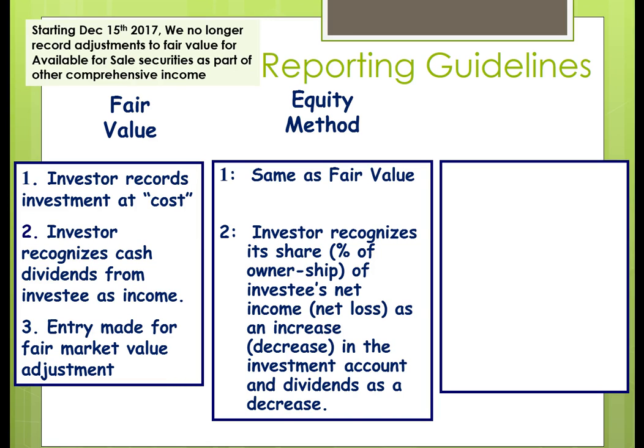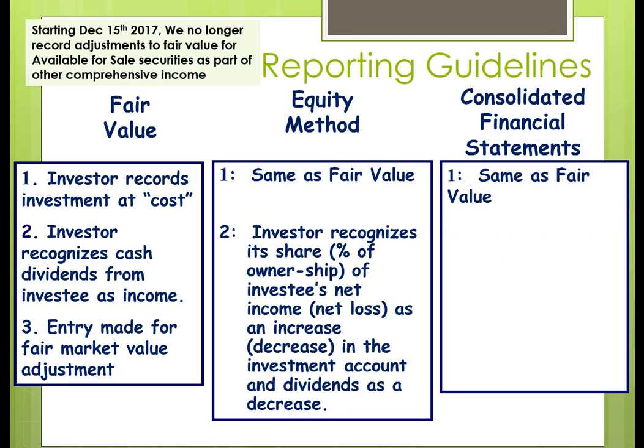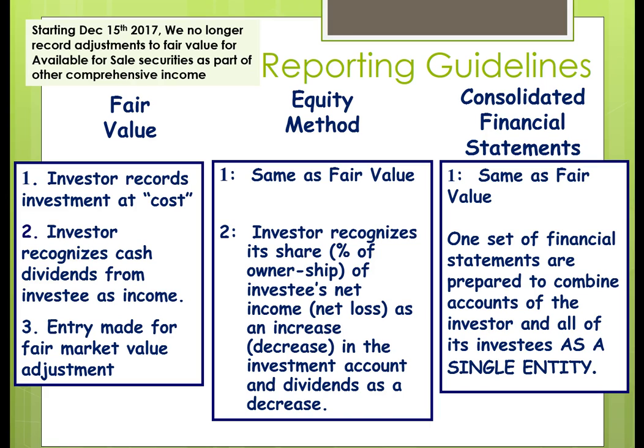Instead, they're going to be treated as a reduction in the investment account. Now, consolidated financials. We're still going to record the initial investment. However, we only prepare one set of financials. We're going to combine the sub's assets with ours, along with their liabilities, revenues, and expenses, and treat it as if it is a single entity.